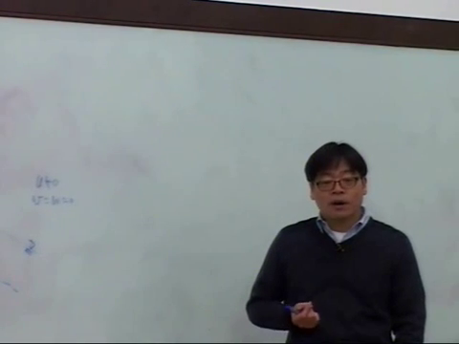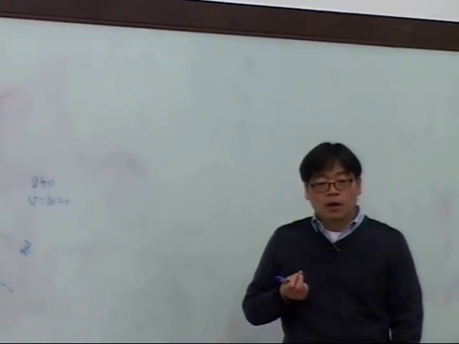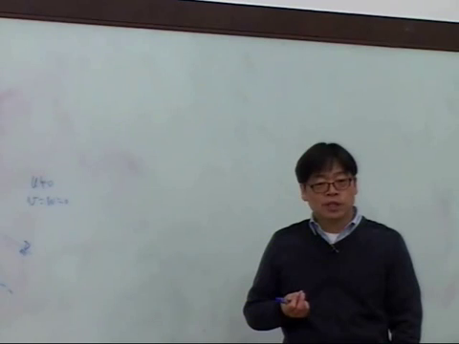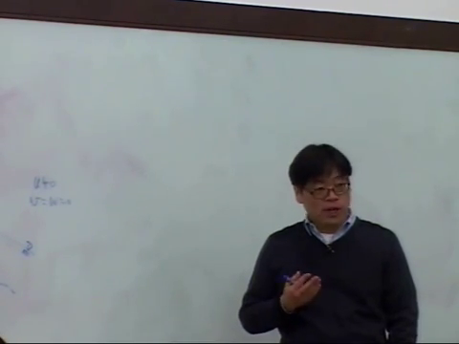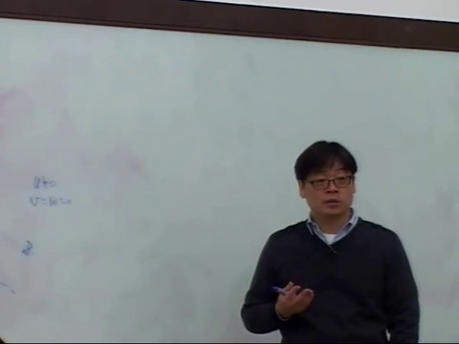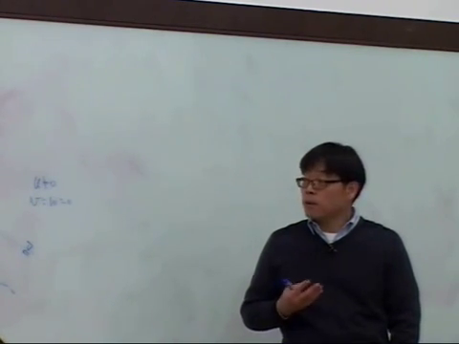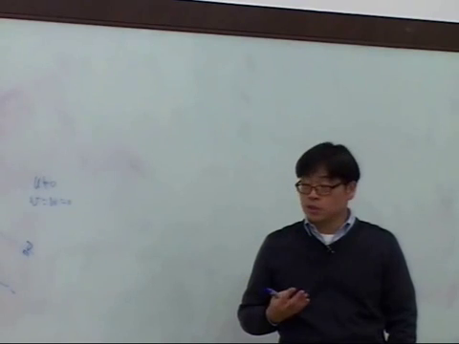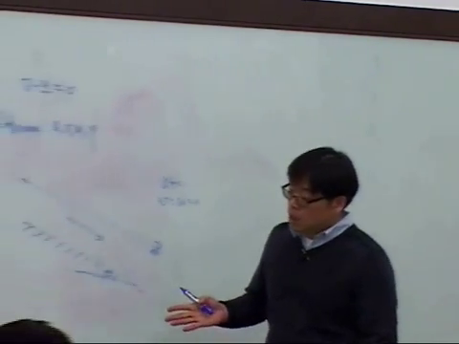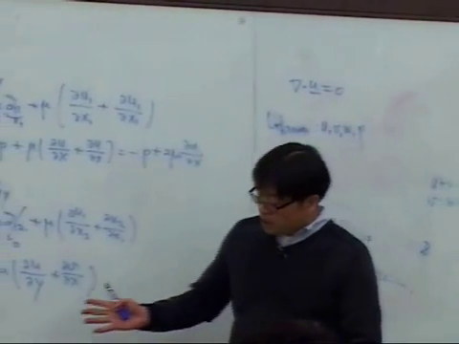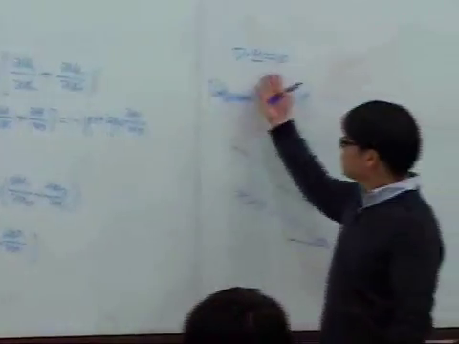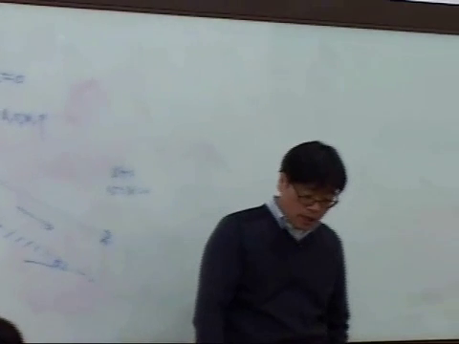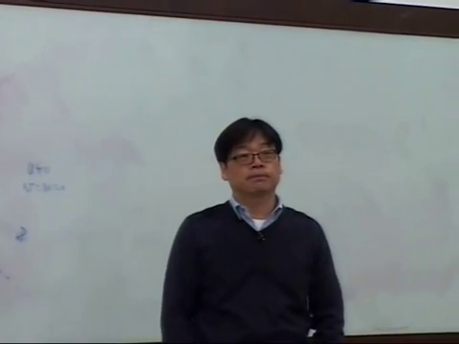But the number of exact solutions for the Navier-Stokes equations is very small. Only in a few cases can you find exact solutions. So for practical applications, you cannot solve. You don't expect to solve this system analytically.